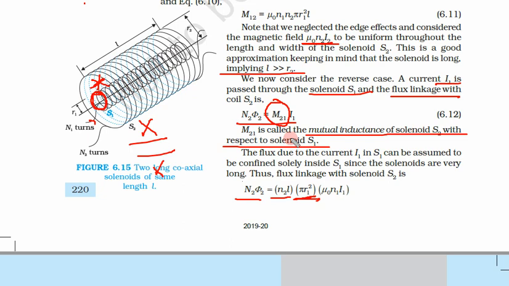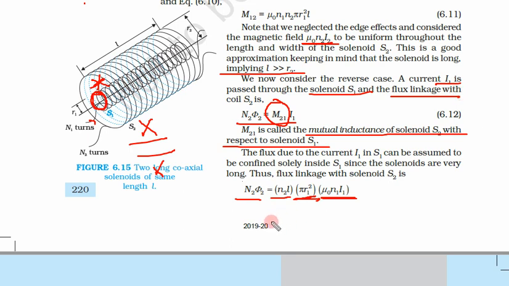Now current is passed in the first coil, so mu 0, n1 number of turns in the first coil, I1. So what do we get? Number of turns into length for solenoid 2, and the area will remain the same for the smaller coil. Now the magnetic field associated with this smaller coil is mu 0, number of turns n1 into current I1. Let us compare this M21 with this.